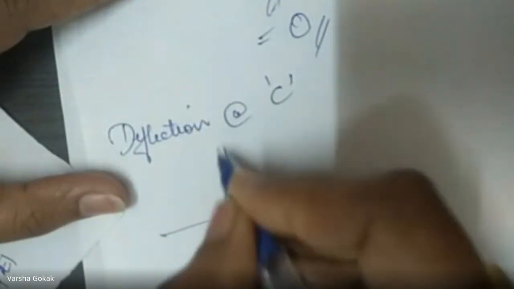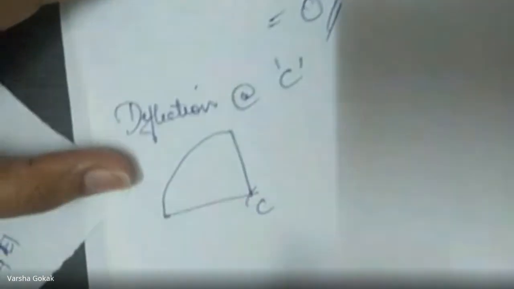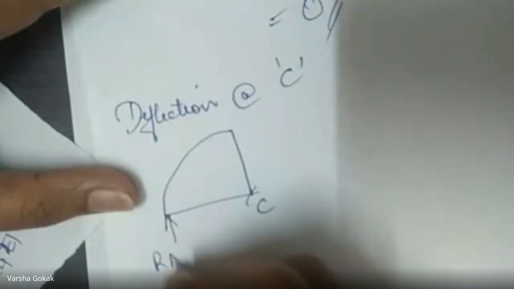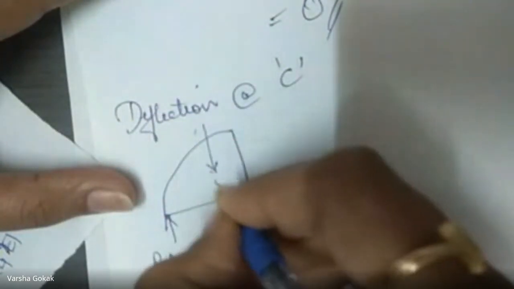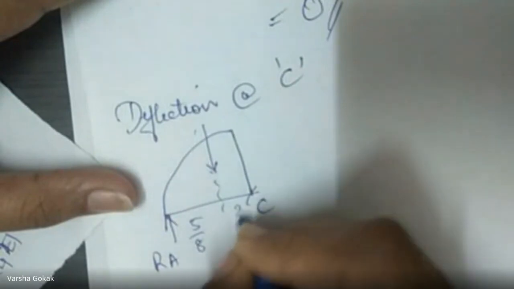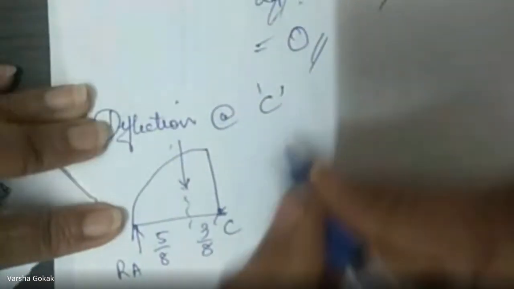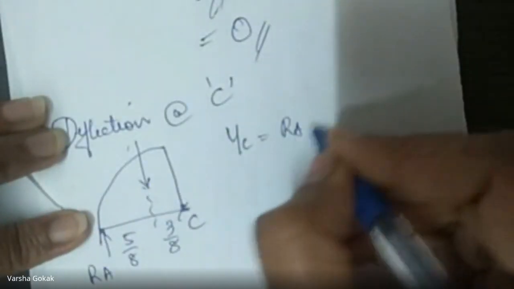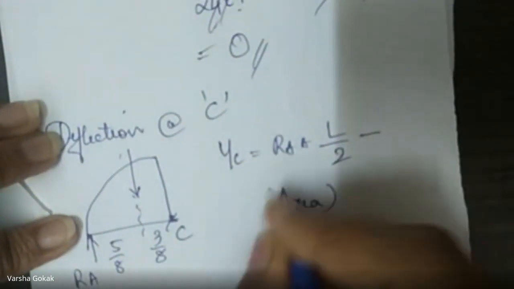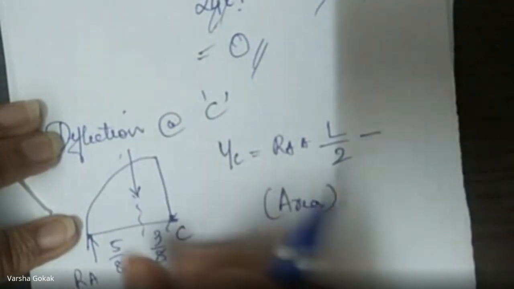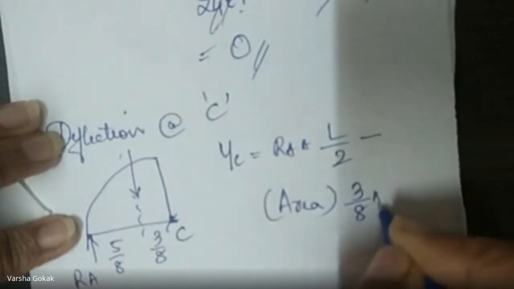L. So this is your point C, say, and you have your RA value here, and this will be your CG point. This is 5 by 8, this is 3 by 8. Correct? I want the deflection at point C. So YC, that is deflection at C, is RA into L by 2 minus the area of that parabola into 3 by 8 of L by 2.